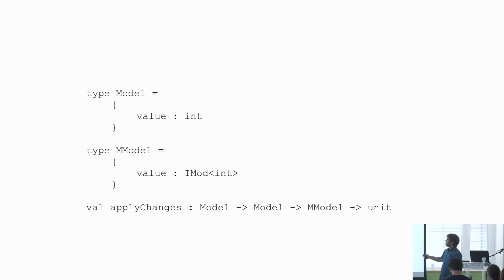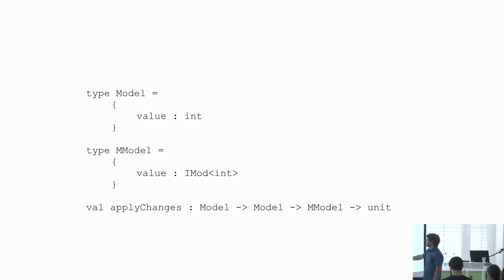What we basically have in a purely functional setting is a data type, just like the thing we saw before. We have a model which contains a value, an integer. Then, by using a compiler, we automatically generate a different type which has a dependency graph attached to the value. So this is the entry point for the DSL for dependent computations I showed you just before.